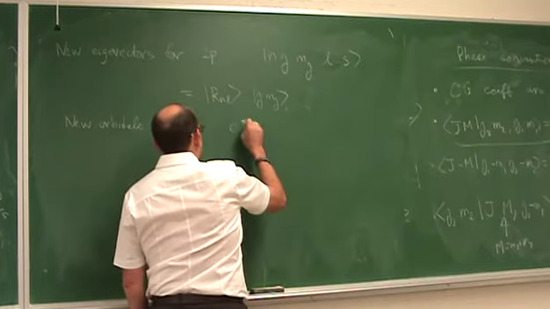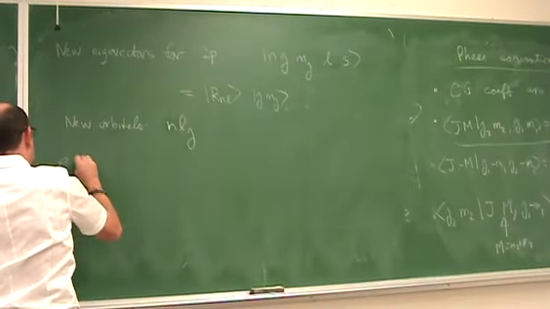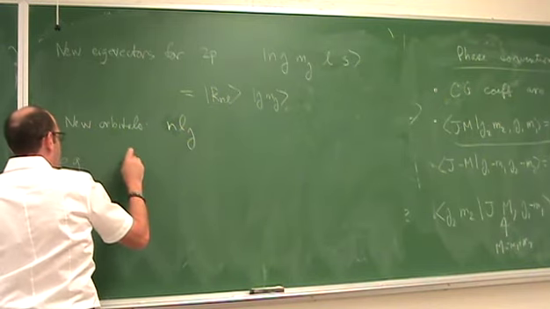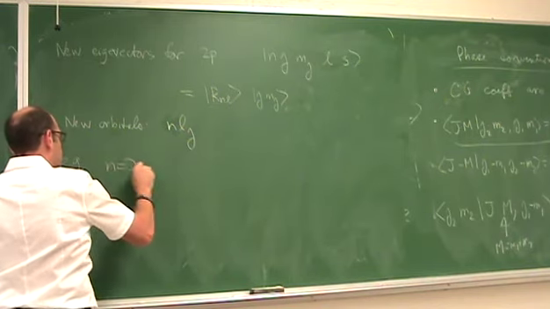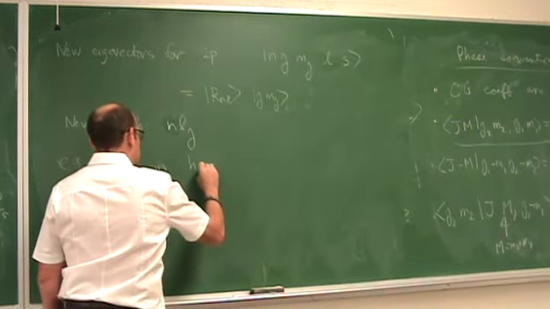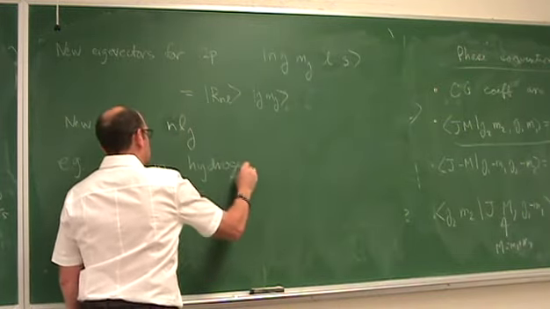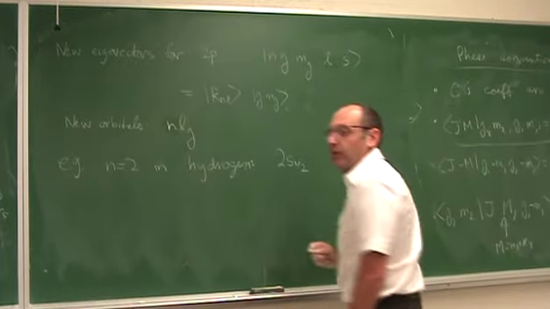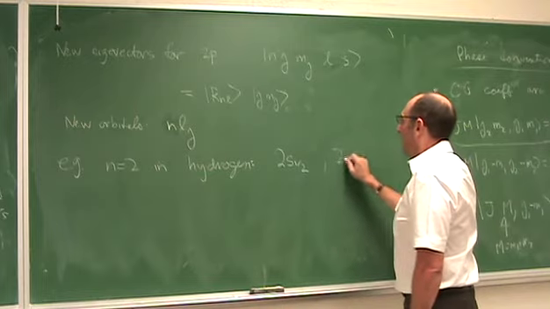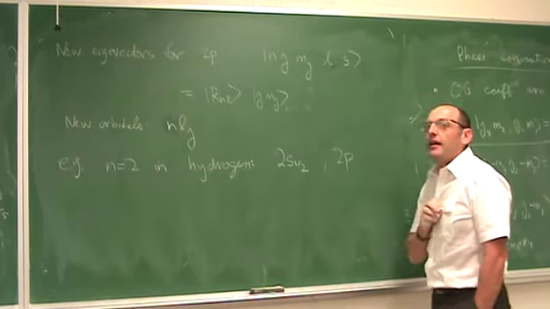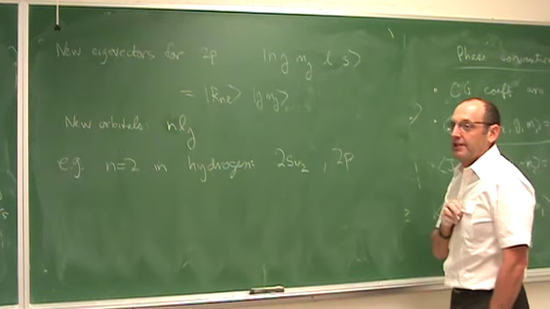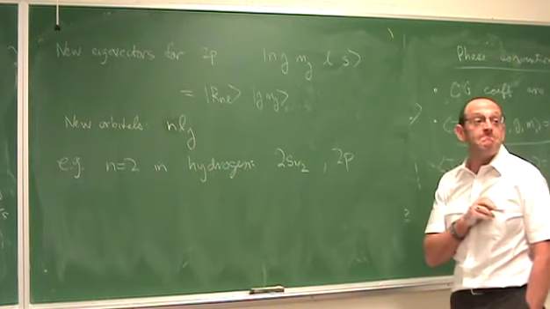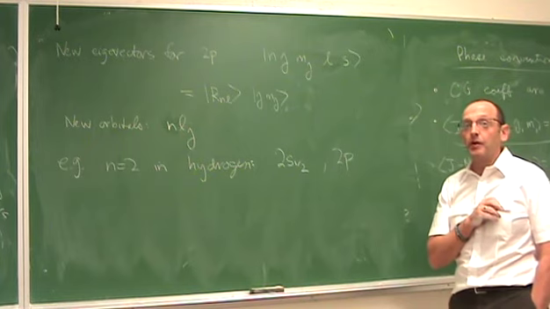For example, we have for hydrogen the 1s orbital, the 2s orbital, and then the 2p orbital, and we can ask the question, what are the possible values of j in the 2p orbital?